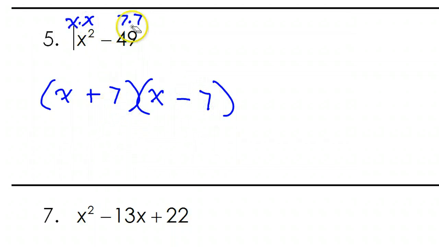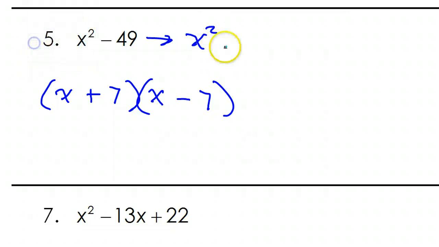And this works in the traditional way. If you understand that all this is the same thing as x squared plus 0x minus 49. It's just that the middle term is 0.